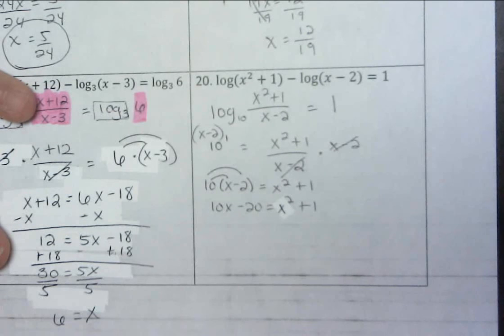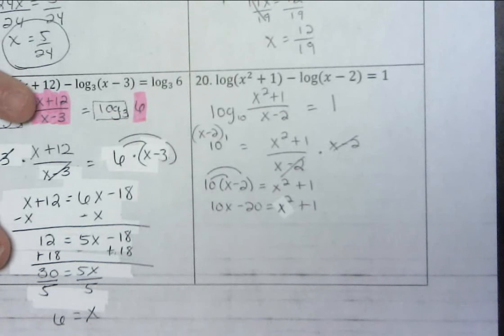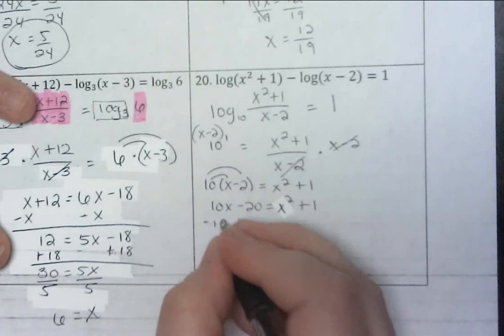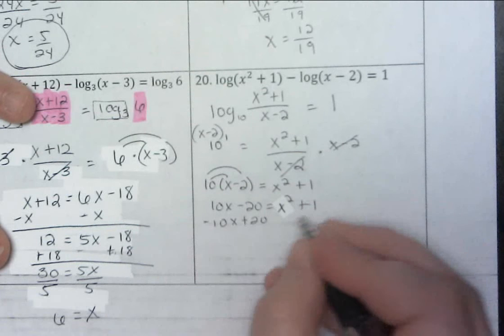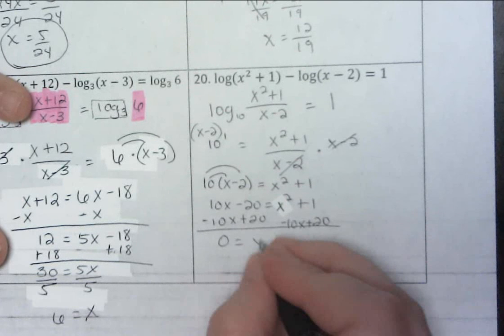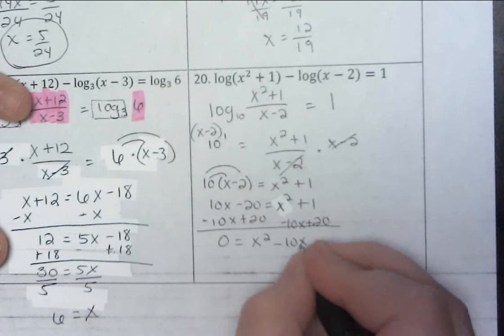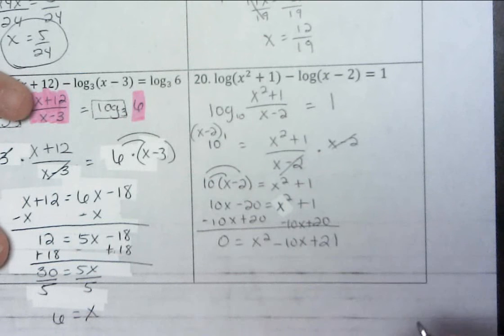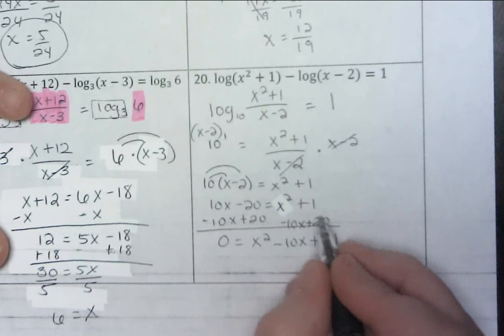All right, and now remember, since we have a quadratic equation, since this is squared, I'm going to go ahead and move everything over to this side. So we have 0 equals x squared minus 10x plus 21. And all I did was just combine these like terms here.